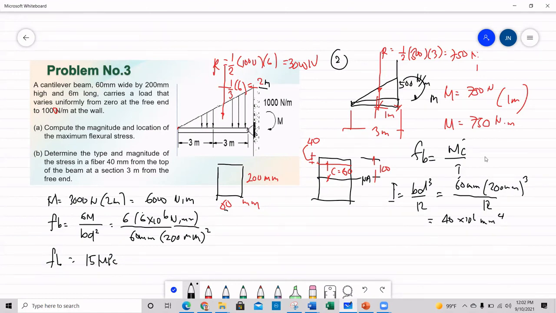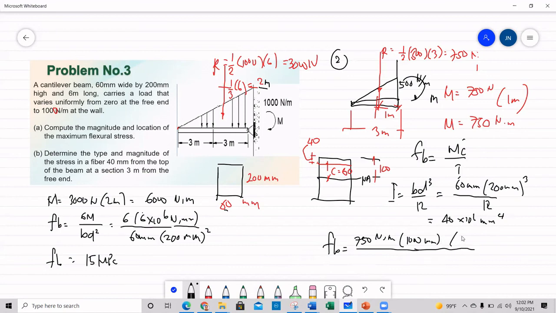Okay. So we can now substitute here. FB is equal to M, which is 750 Newton meter multiplied by 1,000 to become millimeter. That is just the moment.